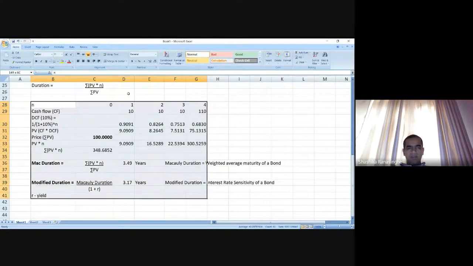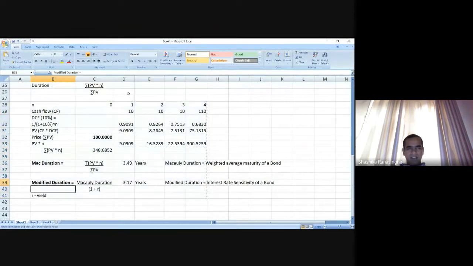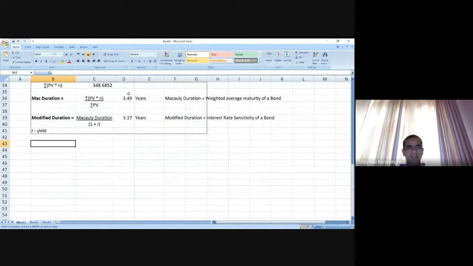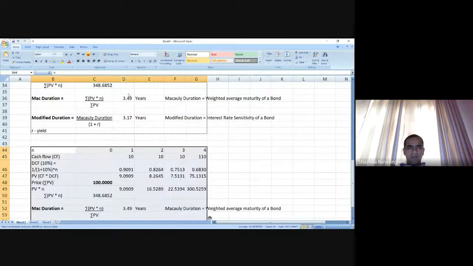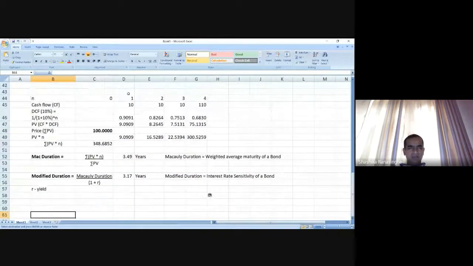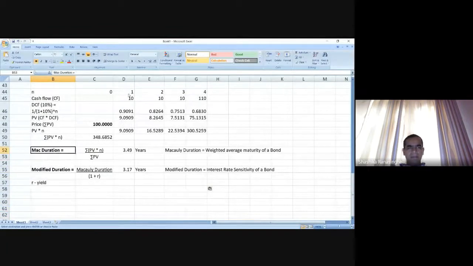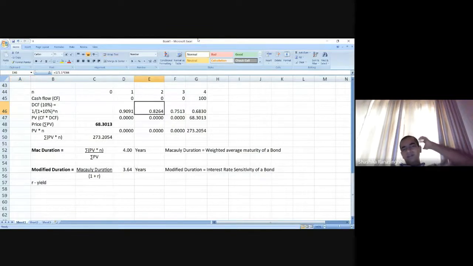I, of course, can use the shortcut, copy paste. Fortunately, you all can't, but you are not supposed to copy paste. You have to do it the proper way, because at the exam, you can't use Excel. Unfortunate, very unfortunate. It's only when I started using Excel to explain that I understood that the exam should have allowed Excel. Nothing wrong with it.